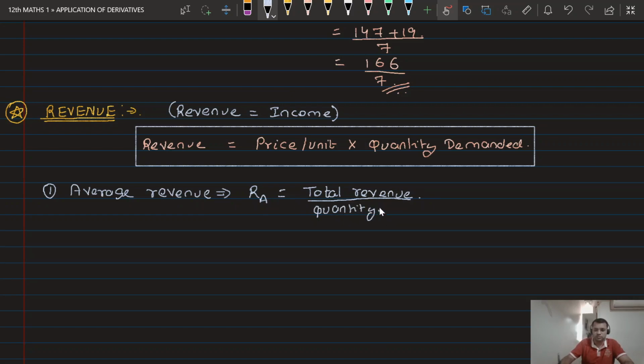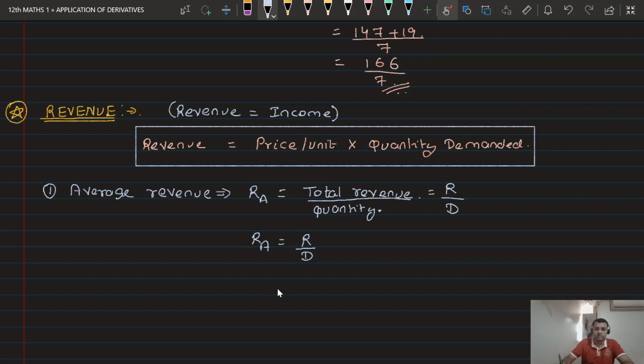Suppose if I assume that the total revenue is R and the quantity demanded is D, so I will get RA is equal to total revenue upon the demand.